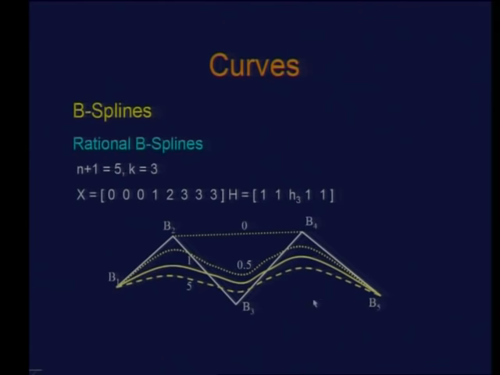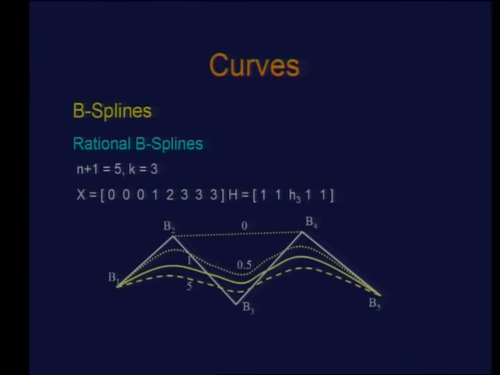So, I am just looking at the change of this weight factor, the value of h, for one particular control point, which is B 3. So, what happens when I change h 3? If h 3 is equal to 1, which is the case here, I have the normal or non-rational B spline.